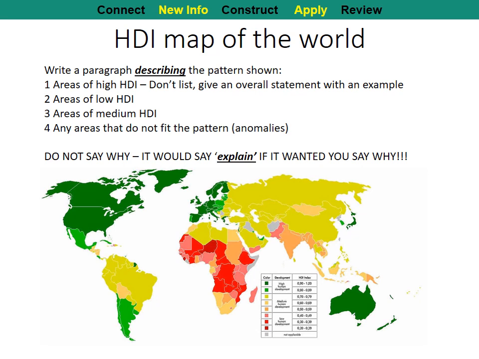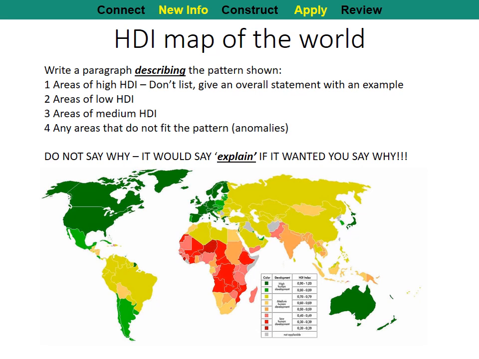And we might have talked about the northern hemisphere being the area where the highest HDI is. However, Australia and New Zealand and the south of South America also have high human development. So they don't quite fit that pattern, do they? So it does depend on what you've said.